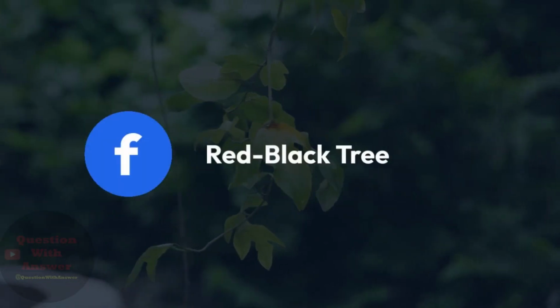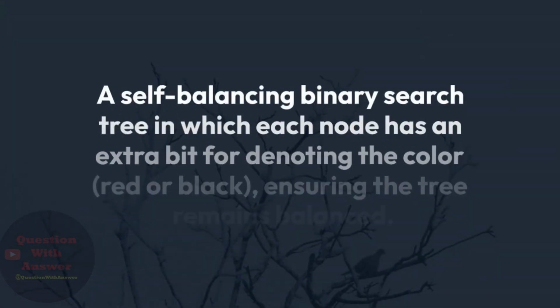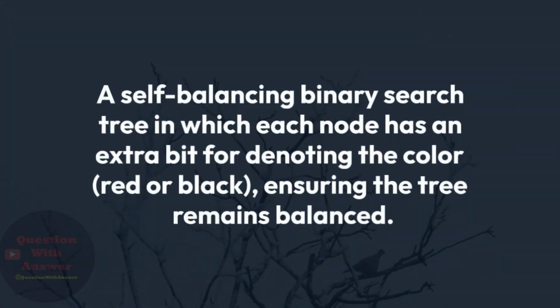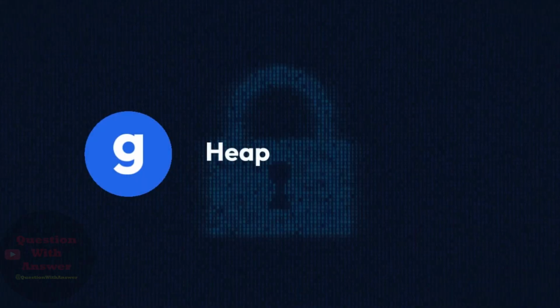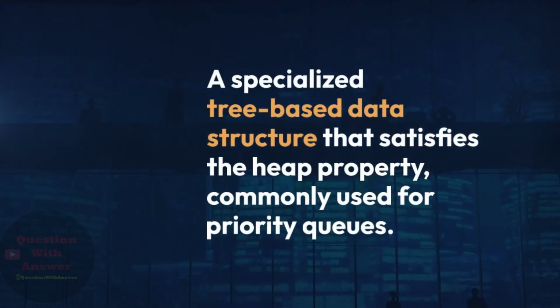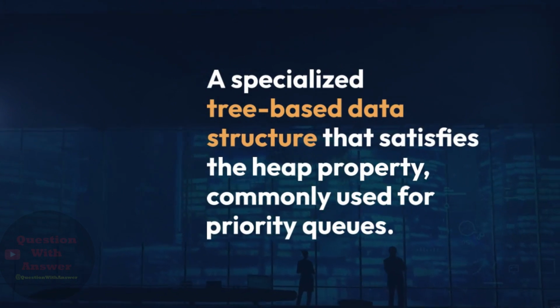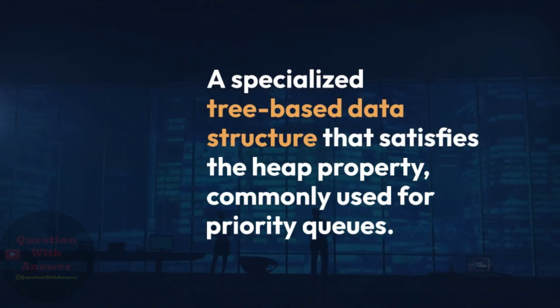F. Red-black tree, a self-balancing binary search tree in which each node has an extra bit for denoting the color, red or black, ensuring the tree remains balanced. G. Heap, a specialized tree-based data structure that satisfies the heap property, commonly used for priority queues.